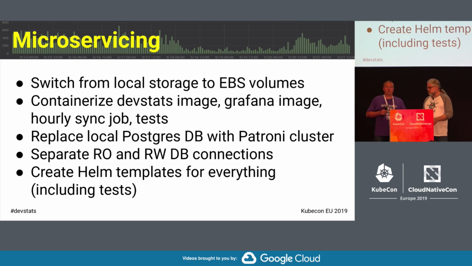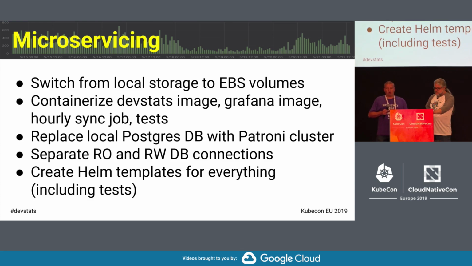Basically, the biggest problem to solve was how to store our data. So we needed to switch from local storage to some cloud provider. In our case, we chose AWS, just for this example, but we're trying to avoid any cloud lock-in, so it can be used with Google Cloud, with anything. We use EBS volumes. We Dockerized every part of DevStats: we have a DevStats image, a Grafana image, a cron job image, and an image for tests.